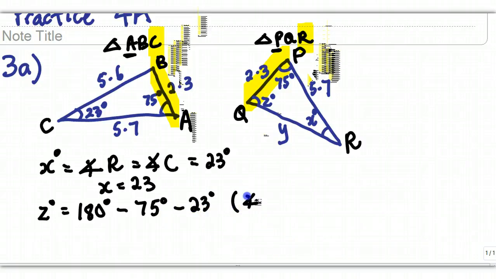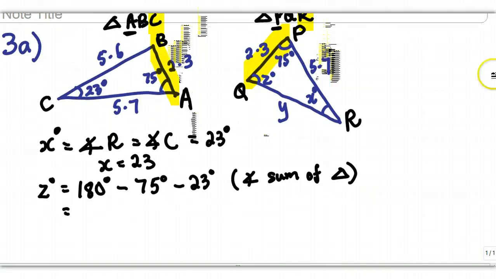And the reason is because this is the angle sum of a triangle. If you work this out using a calculator, you will get 82 degrees. Therefore, if I leave out the units because I just want the value of Z, Z is equal to 82.